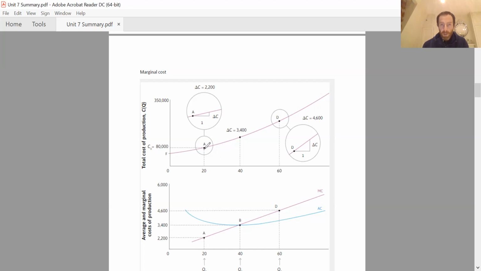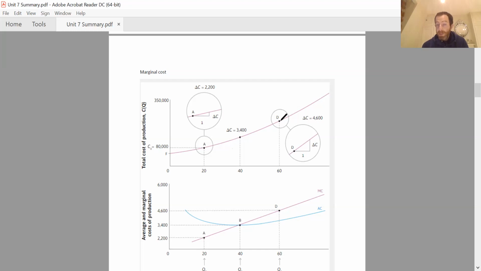And let's imagine we're at point A. And to work out the marginal cost at point A, as you can see we zoomed in here, we think about, well, if we moved from producing 20 to 21, what would be the increase in our total cost? And that's what we mean by marginal cost. What's the extra cost we have to incur to produce 1 more unit of output?